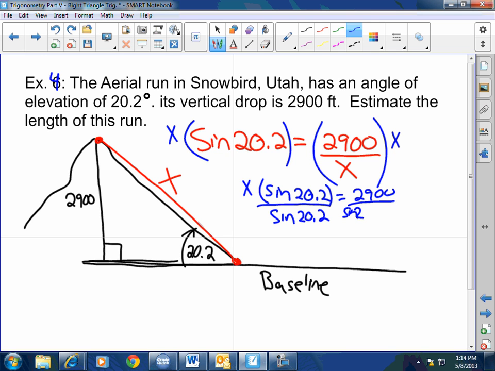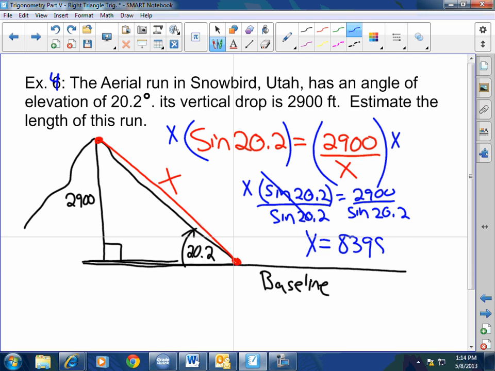Sine of 20.2, cancel. So now x equals 2,900 divided by the sine of 20.2. And I'm not trying to be sarcastic, that's exactly what it is. And that equals, I got 8,398.5.